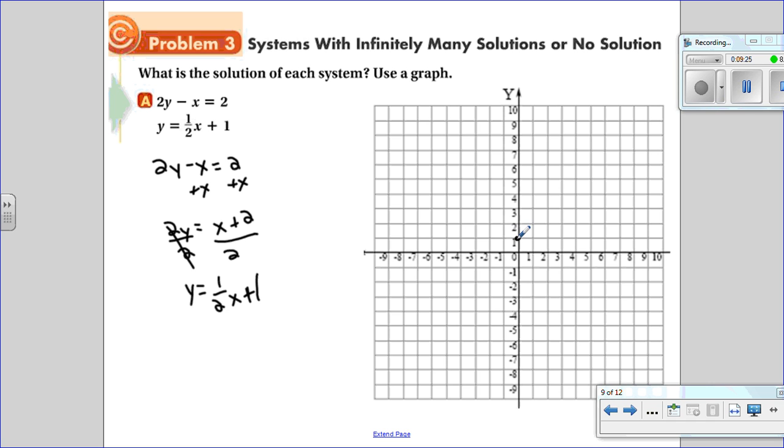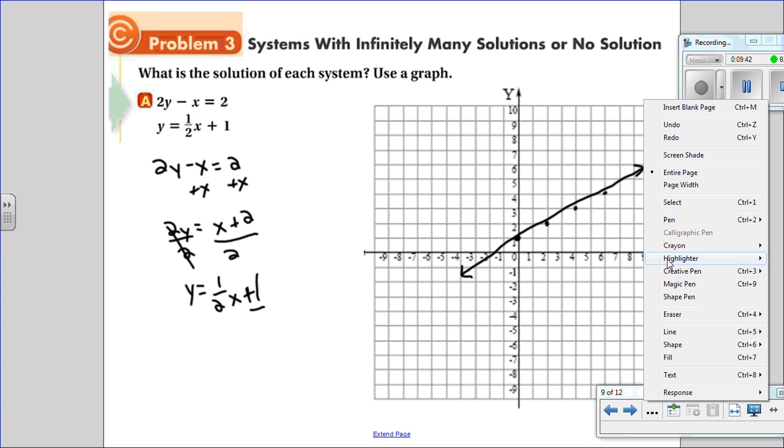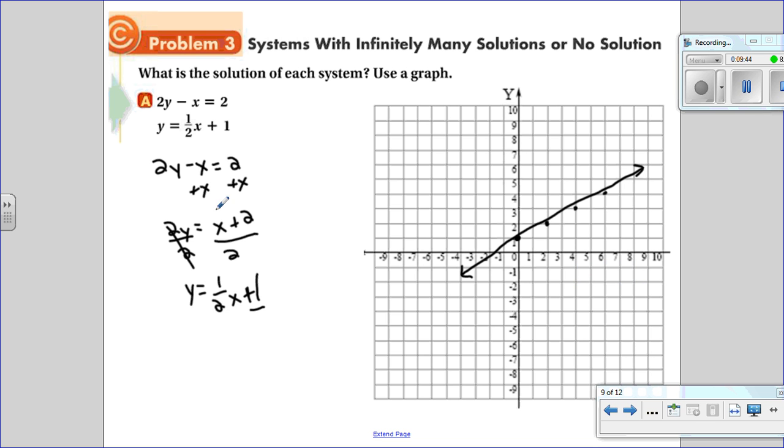So there's my y-intercept, which is 1. My slope is up 1 over 2, up 1 over 2, up 1 over 2. And so there is our first line, best I can. And now, if I graphed my second line, it would be the same thing, right?